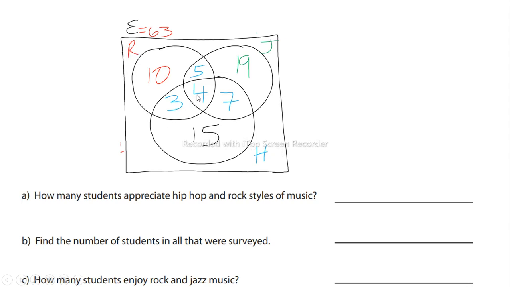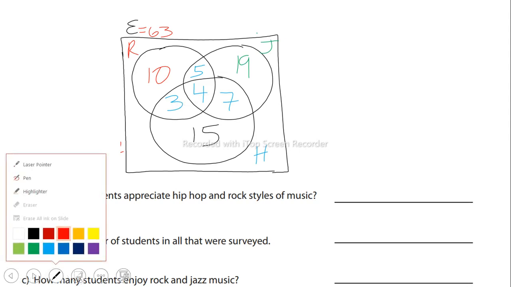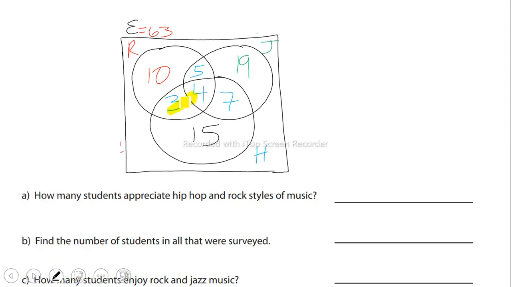This is the portion they're asking us for. Remember, they want hip hop and rock. So that's 7, 3 plus 4. They had both of them.